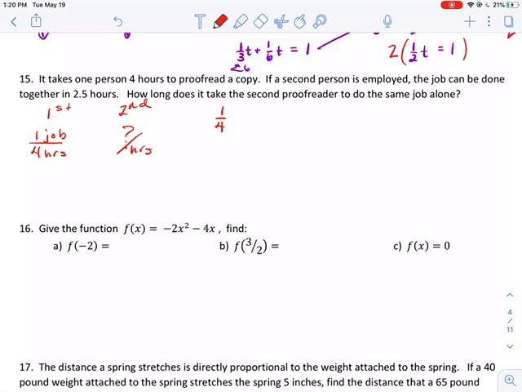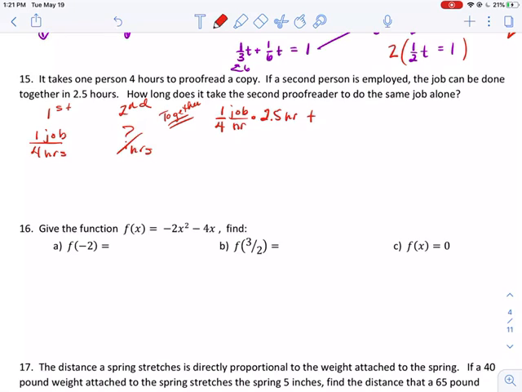So in this problem it'll be jobs per hour, because they're working together. Job per hour times 2.5 hours plus, we don't know, so we need a variable for this.